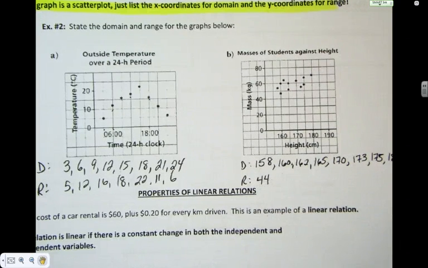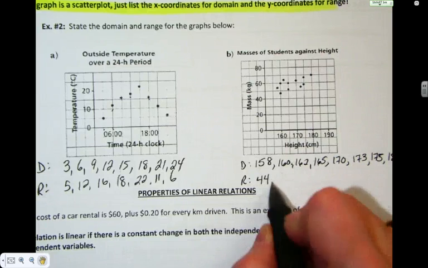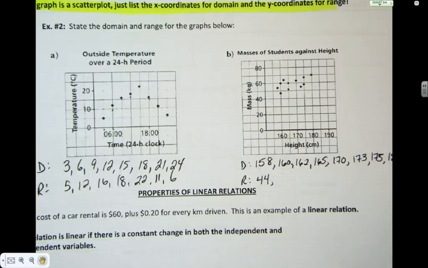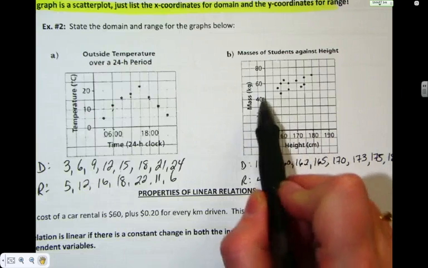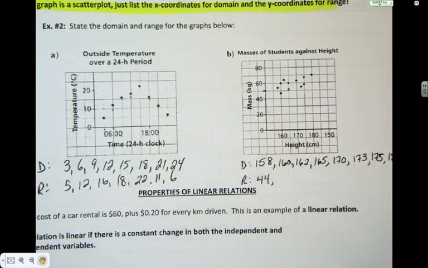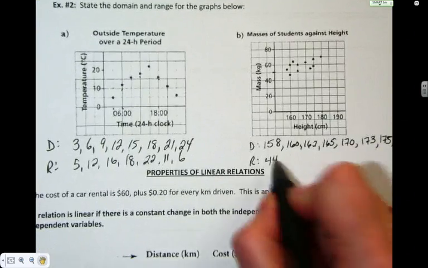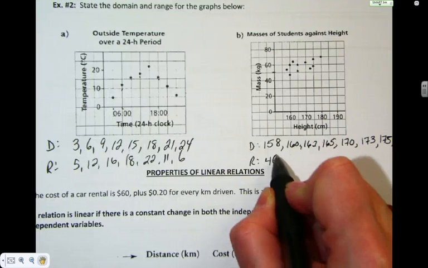44. Someone said nope to that one. 44 looks a little bit low to me, because halfway here would be 50. I was going to go 6, but I can go 8. I'm okay with that too.